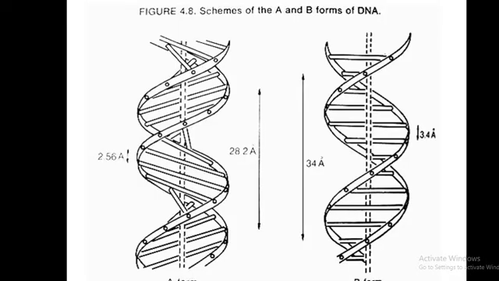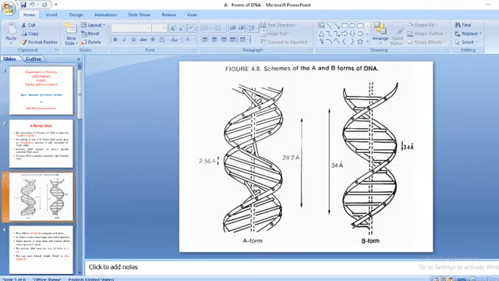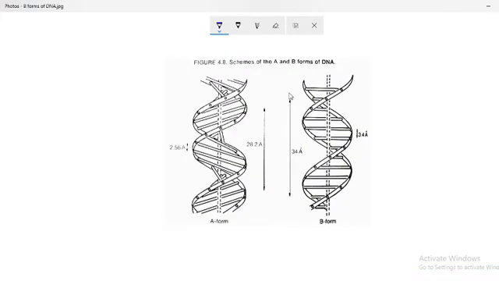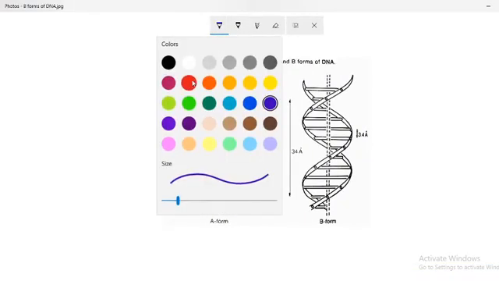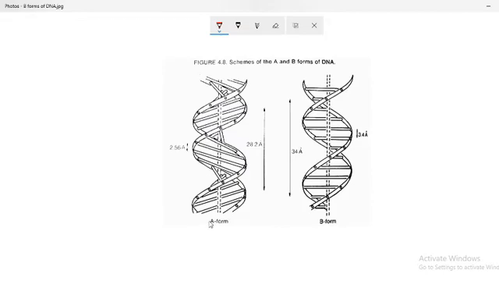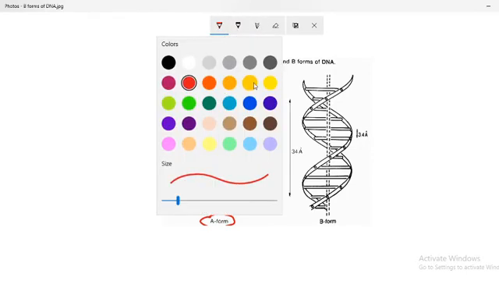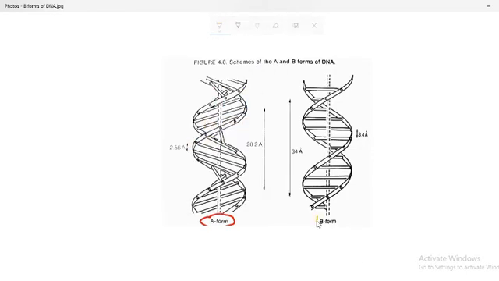Let us see the structure of these forms of DNA. See here, this is A form DNA, I show in red color, and this is B form DNA, I will show in yellow color.